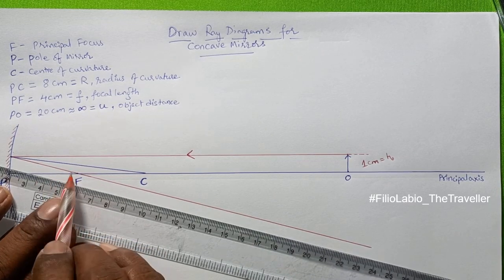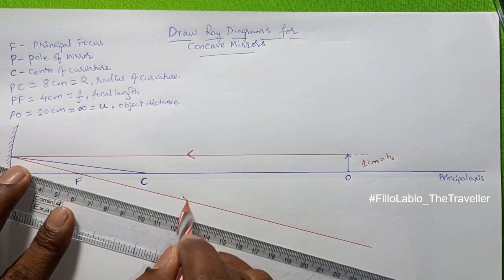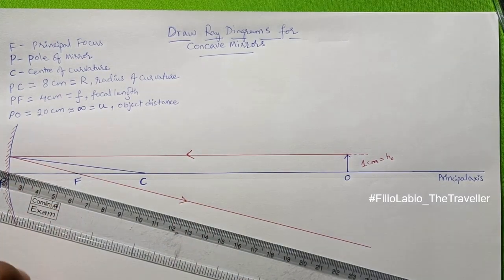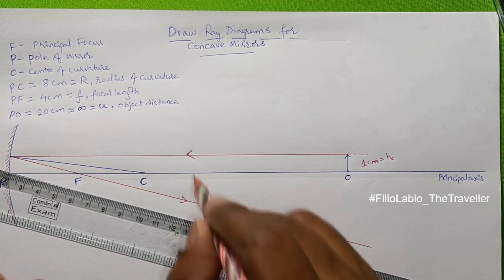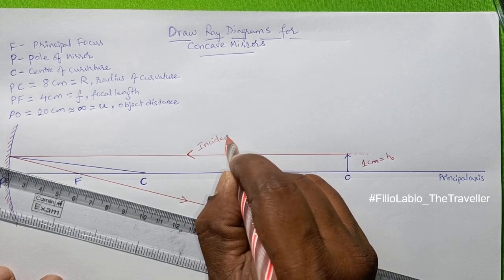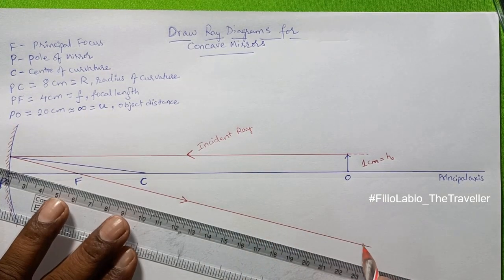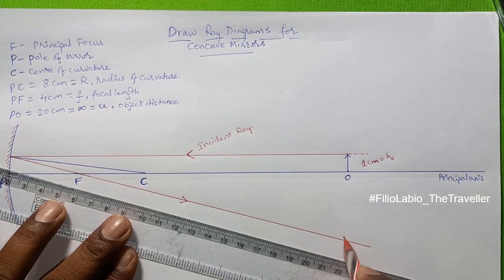So, this ray after reflection is passing through principal focus. This is reflected ray. This one is called as incident ray. This is called as reflected ray.